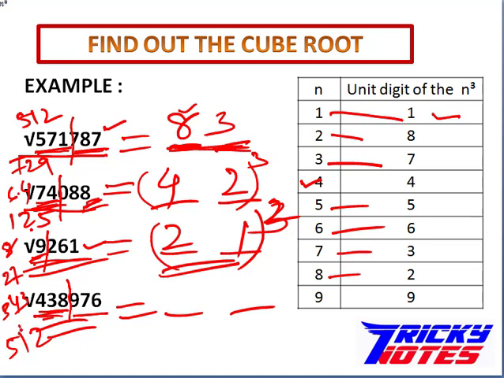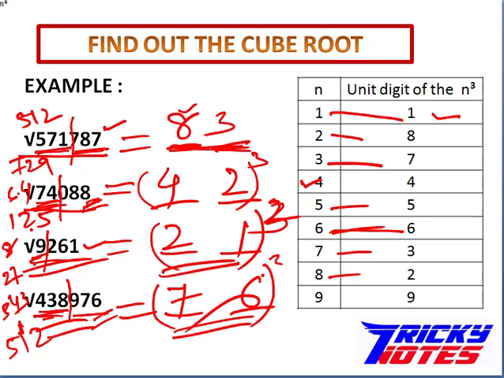So 438 is in between these two. So obviously this number is 7. Now, where will we find 6 as the unit digit? If it is 6, then only we will find 6. So the number is 76. The cube of 76 is 438976, and the cube root of 438976 is 76. Friends, I hope with these examples easily you understood how to find out the cube roots.